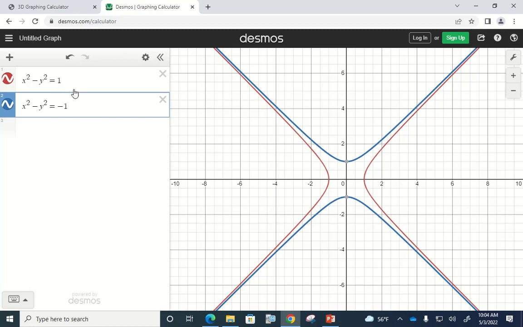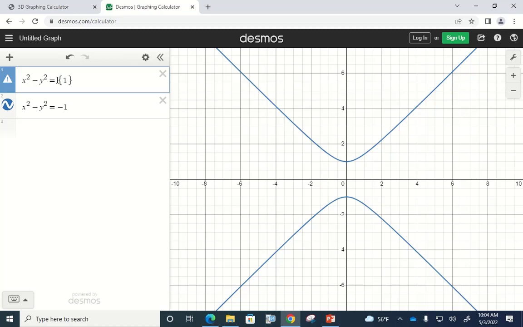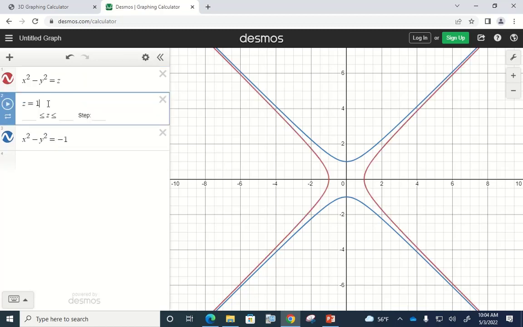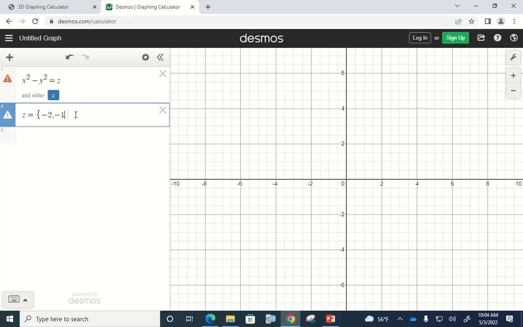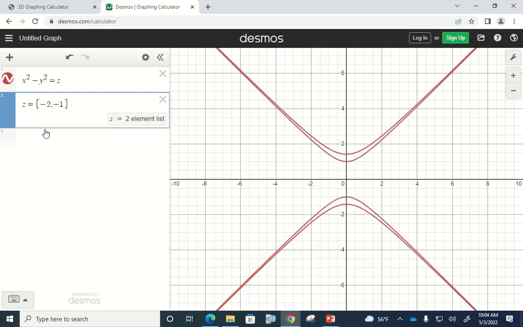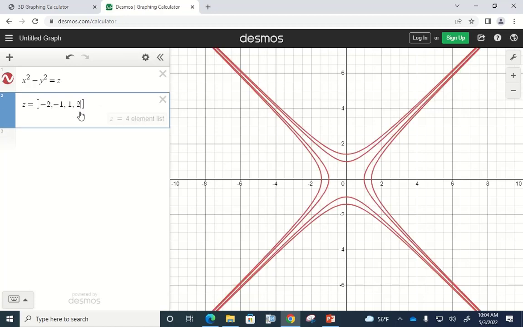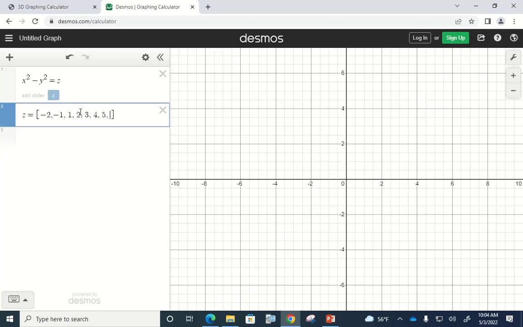Hold on, I think I know a smarter way to do this. What if we try this? -2, -1. Nope, that doesn't work. I thought for sure that would work. Use square brackets. Yeah, there we go. Okay. So this is an easier way to make contour lines. Let me pop a few of these contour lines in here.